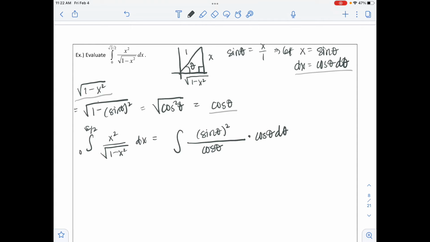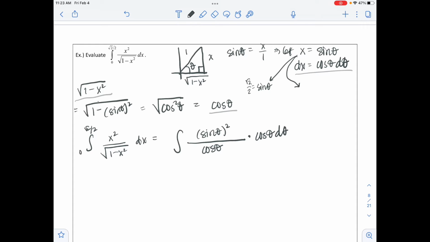And since I now have an integral in terms of theta, I need to change my limits of integration. I don't have much room up here, so I'll draw them over here. Subbing in my upper limit of integration, that's an x value, so I have rad 2 over 2 equals sine of theta.